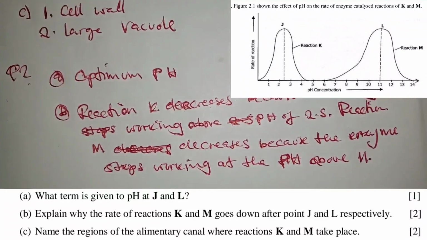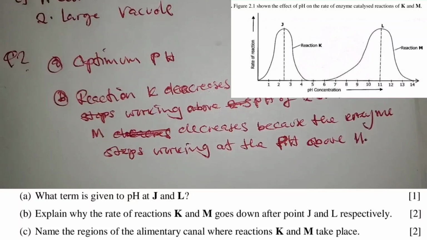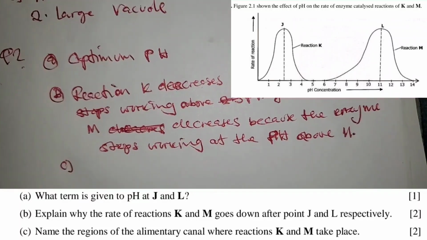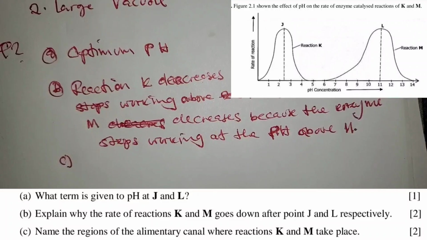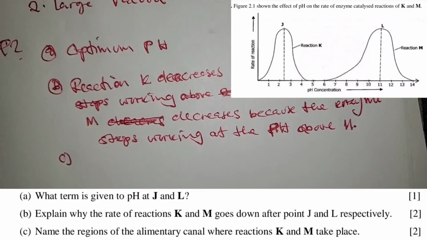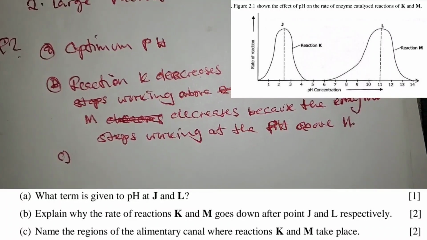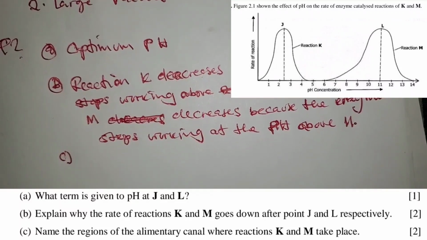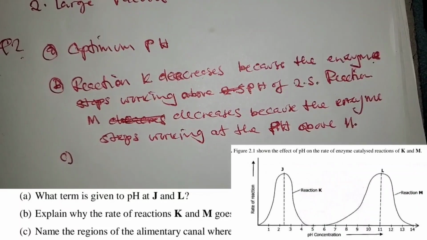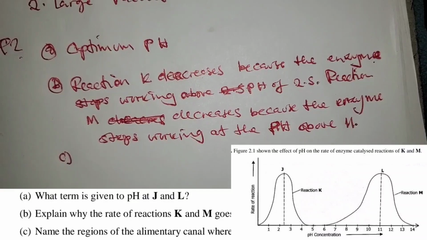Okay, above 11. Then question C is saying name the region on the alimentary canal where reactions K and M take place. So if you look at K, those are in acidic condition, and then M is alkaline.